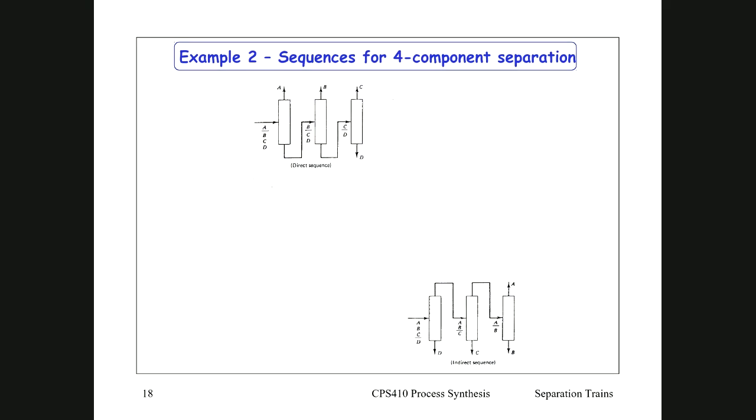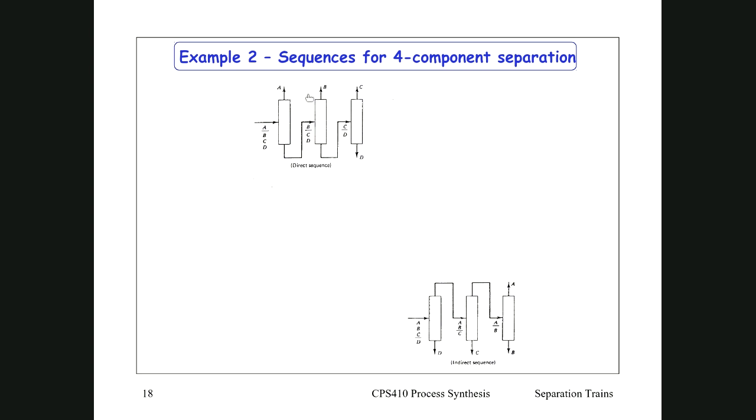Right, so let's have an example. If you've got a 4-component separation, A, B, C, D, this is the direct sequence. I mentioned this in class before, and you noticed that in the test, I'm sure. Direct sequence means you take off products as distillates one by one.